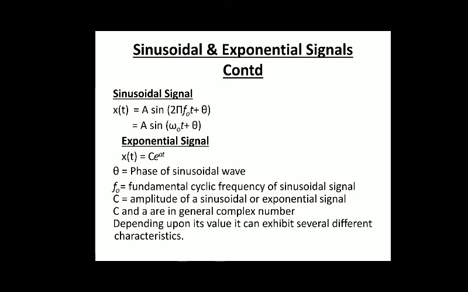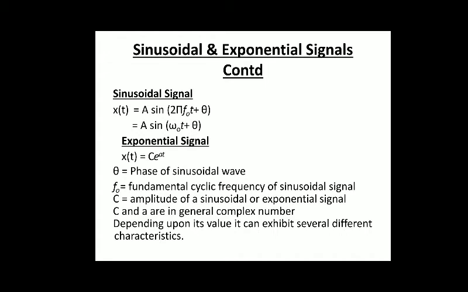Now exponential signals. As you can see here, x of t is equal to capital C e to the power at. C is the amplitude of the exponential signal, and C and a are in general complex numbers, but they can also be real values, like positive numbers; they need not always be complex.